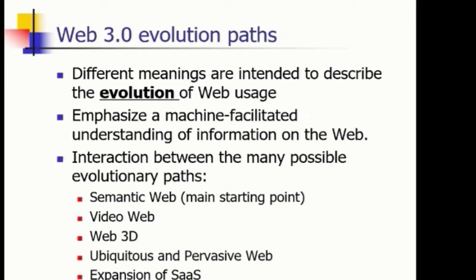For example, the semantic web, the main starting point of this technology. Video web, web 3D, ubiquitous and pervasive web, which is also in research, expansion of SaaS. These last two points are mostly booming nowadays.